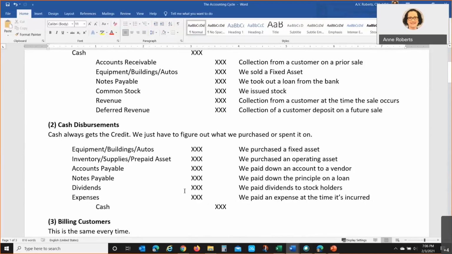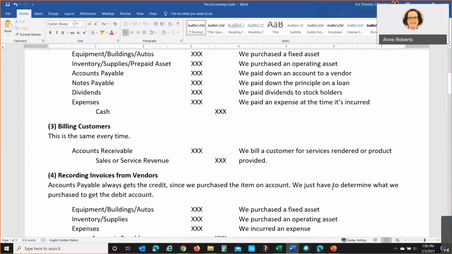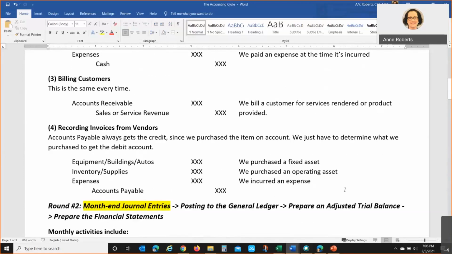Now, in some of those problems, it could say something along the lines of, we had beginning supplies of 0. We bought $500 worth of supplies, and we have $300 worth of supplies left. Well, if we started with 0, try to imagine a supply closet.